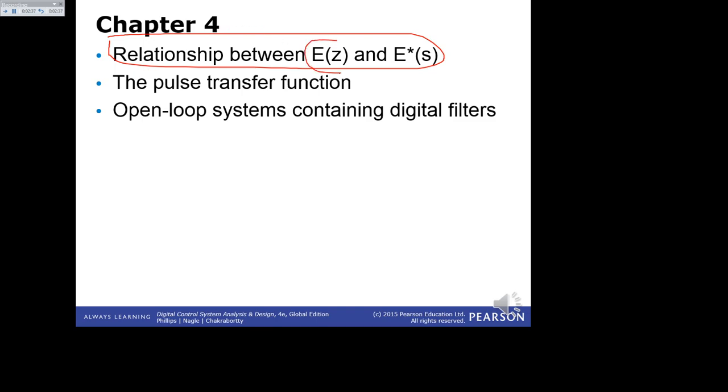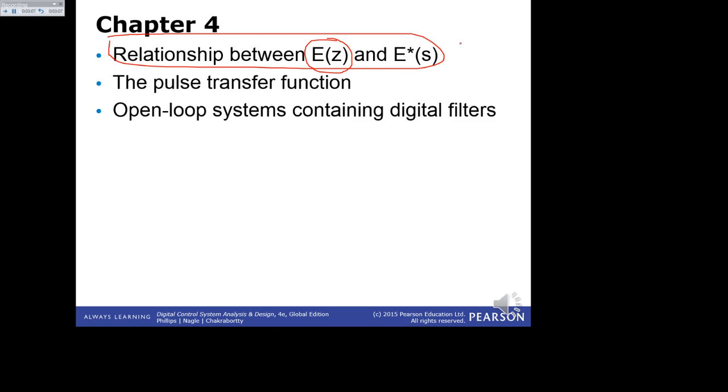You all know the meaning of E(z). E(z) means the Z transform of a discrete time sequence e(k). If you get the Z transform of it, it will be E(z). And E*(s) is when you have a continuous time signal and you are sampling it.